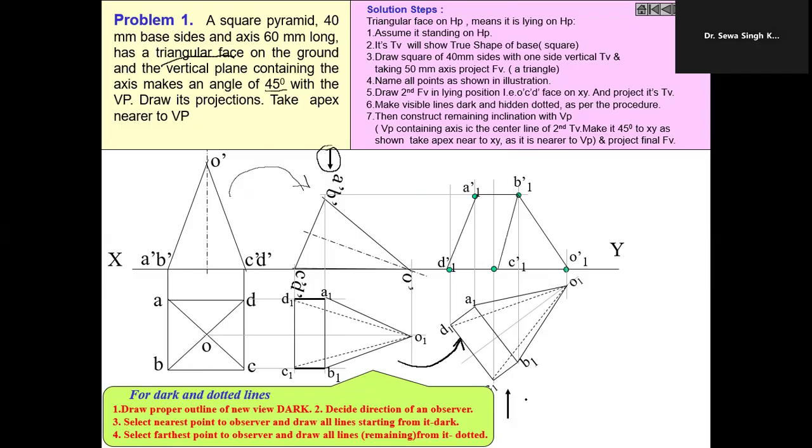Then the direction of the observer is this one, with farthest point O and nearest point C. So only one line was remaining, and that is dotted. If the case were to take the apex away from VP, or toward the observer, it would have been drawn like this, and accordingly the front view will be something different.